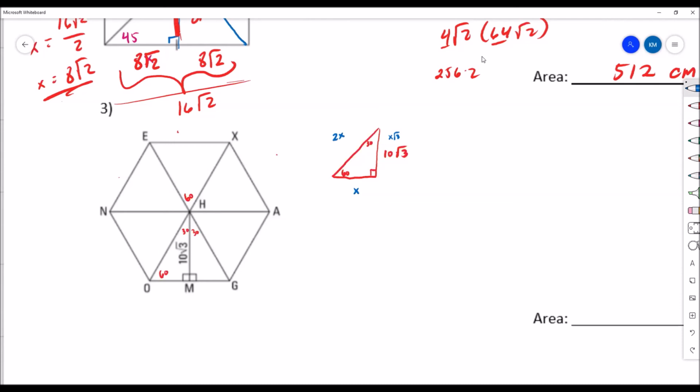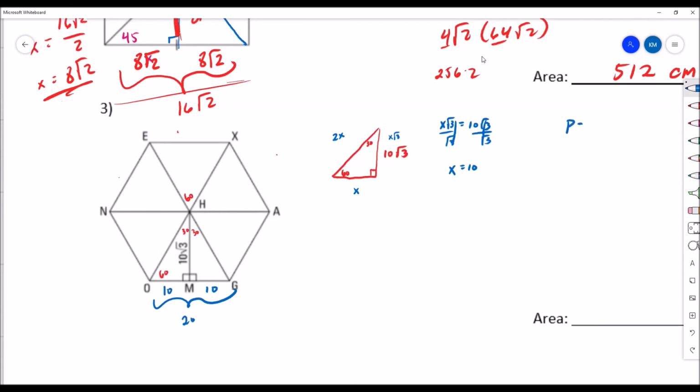And so since x radical 3 equals 10 radical 3, that must mean that x is 10. Okay, so we have x is 10. And so we have this is 10. That must mean that this is 10. That must mean that our side is 20.